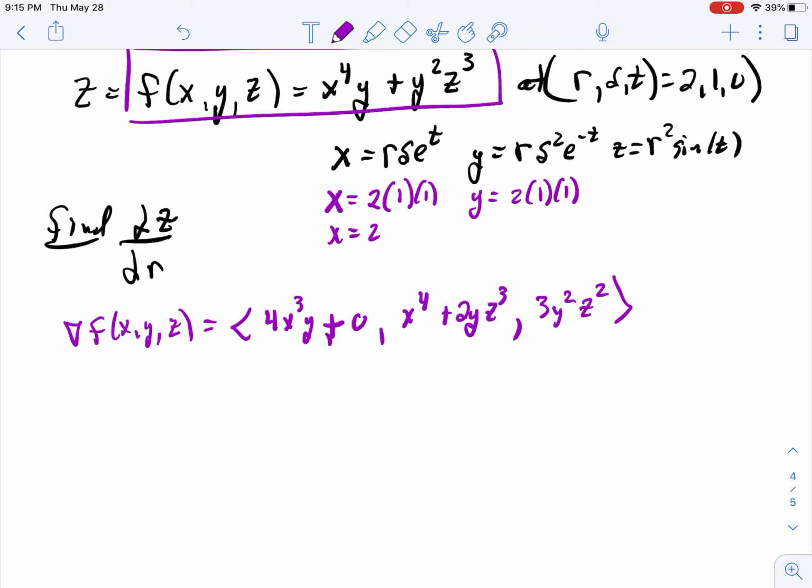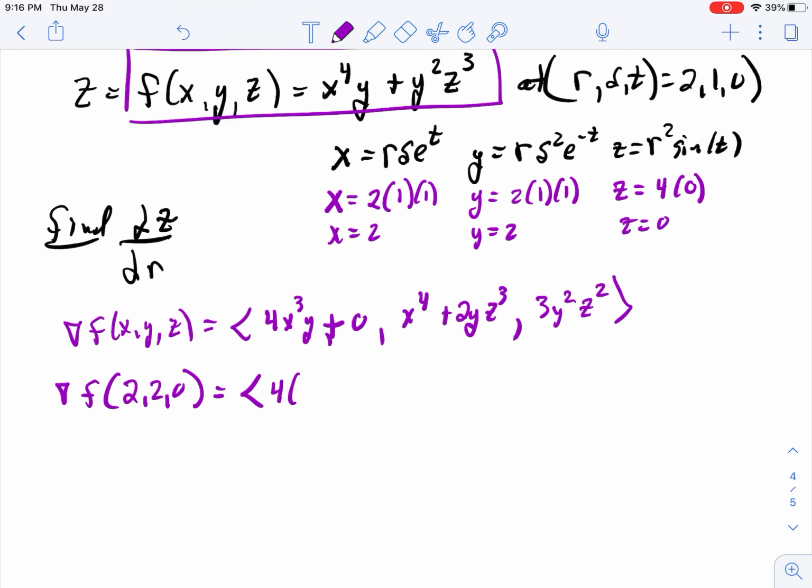Now my y, plug in my r is 2, s squared is 1, and 1 again. So y is 2. Z, r squared is 4, and sine of 0 is 0. So z is 0. So the point for my gradient, I'm going to use 2, 2, 0.